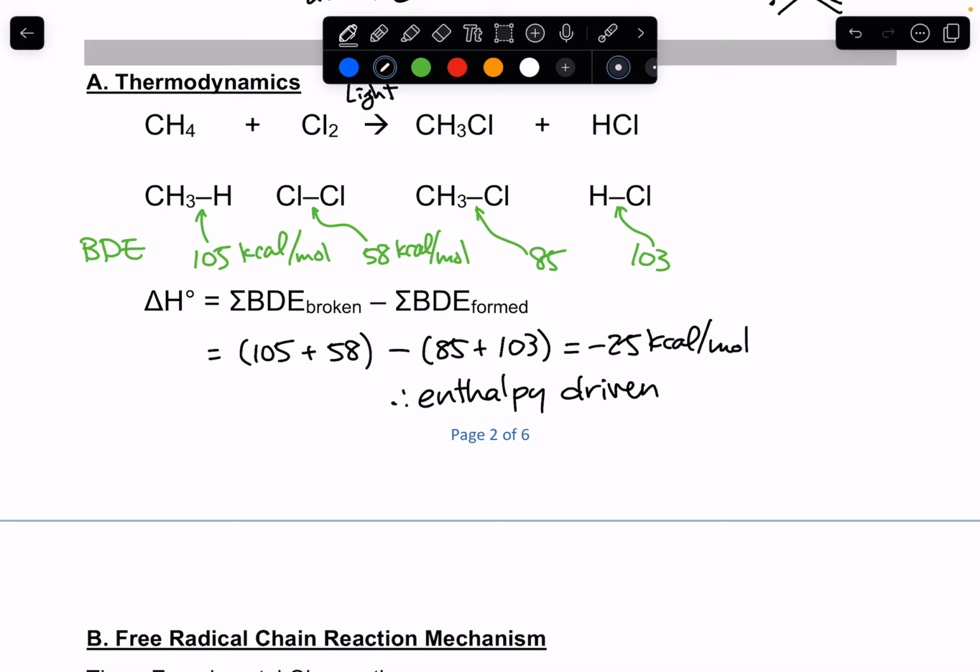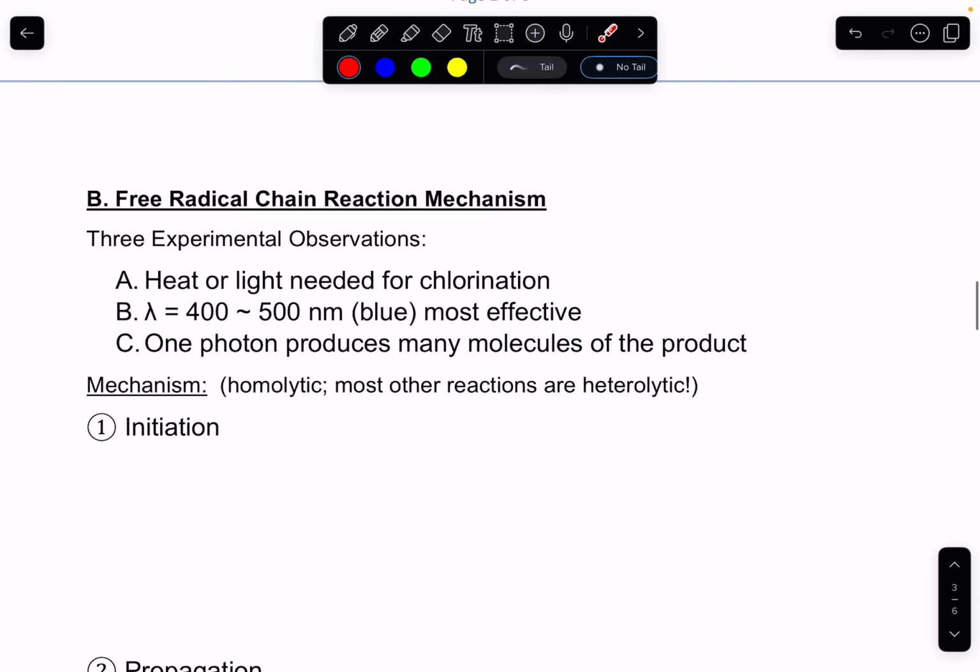Because the enthalpy is negative, that means it's a favorable reaction, enthalpically speaking, energy wise. And you could see this is not entropy driven, even from the reaction equation, because you start with two particles and you end up with two particles, so there's no favorability in terms of entropy factors.